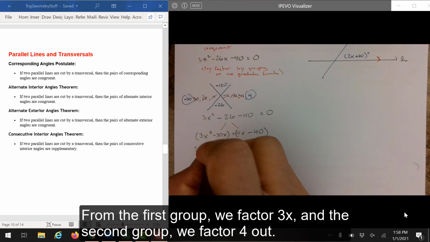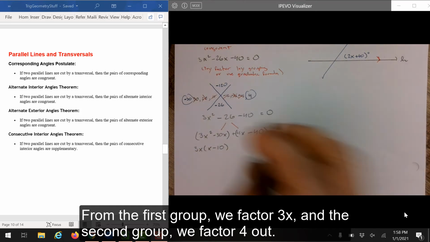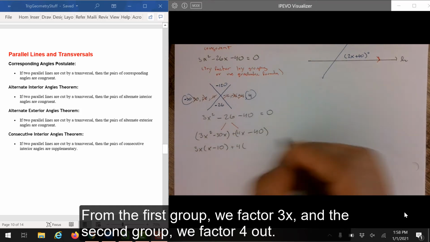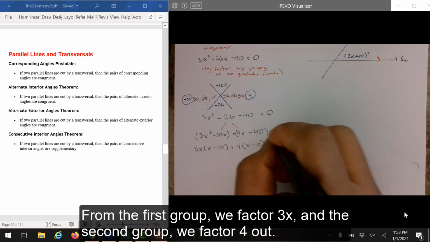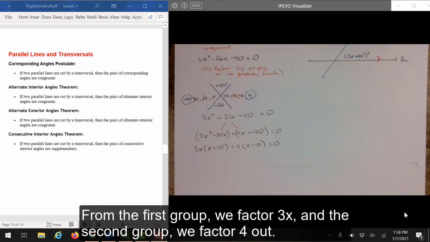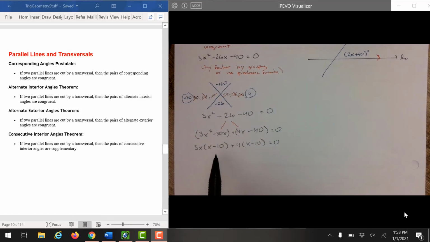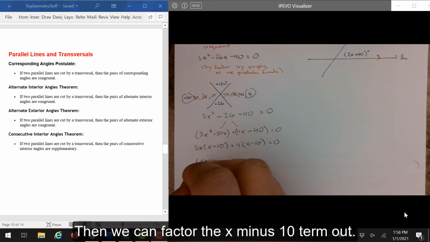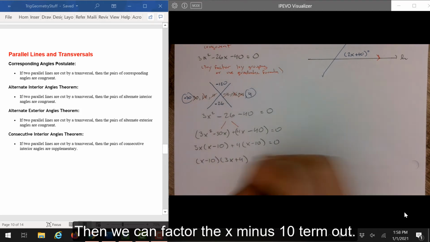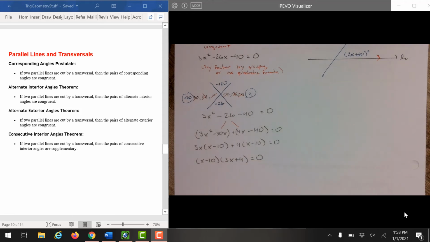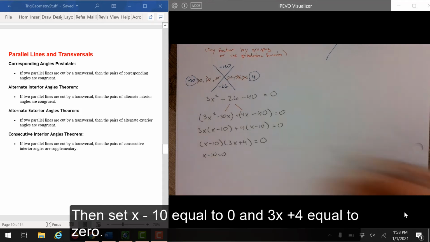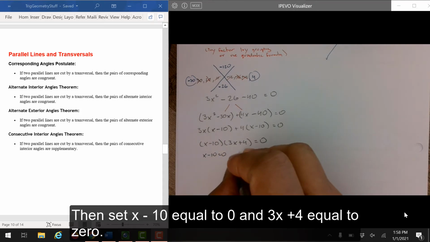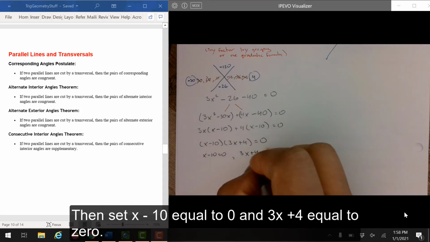From the first group, we factor 3x out, and from the second group, we factor 4 out. Then we can factor the x minus 10 term out. Then set x minus 10 equal to 0 and 3x plus 4 equal to 0.